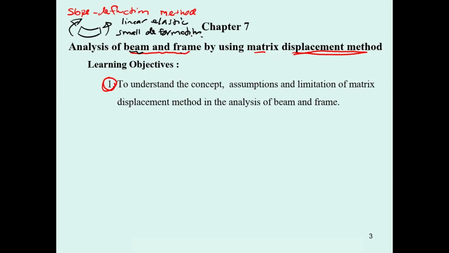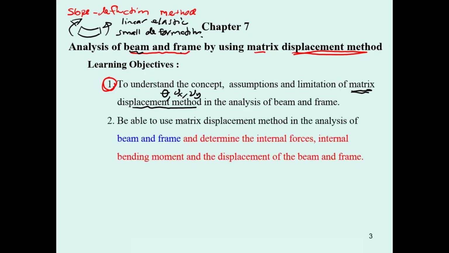Then we have to understand this also for the matrix displacement method. We're going to use again the slope and the deflection, and also the deflection in the x and y directions, as the unknowns. Then the derivation of the matrix displacement method, a lot of it can link back to the slope deflection method.